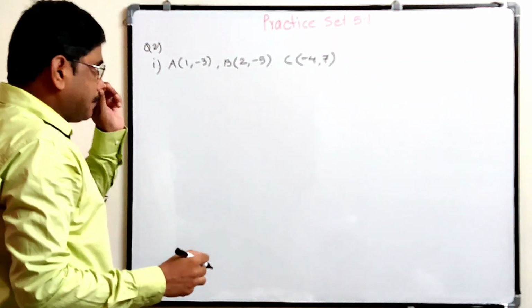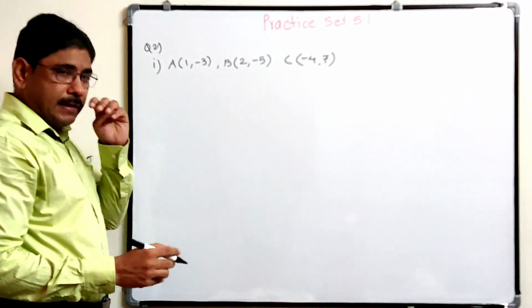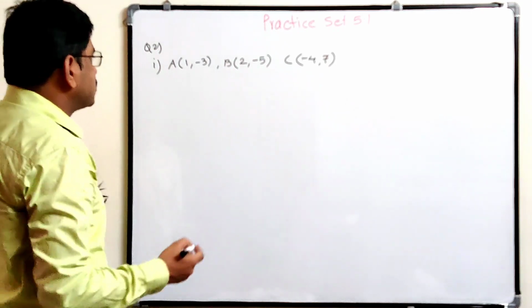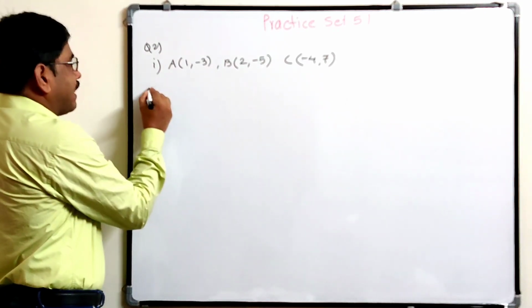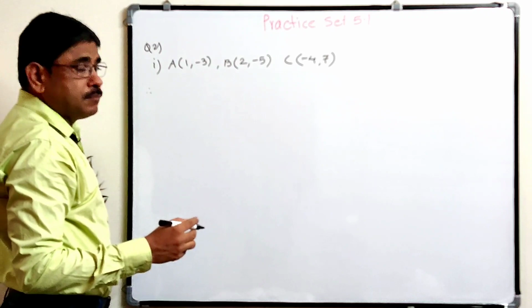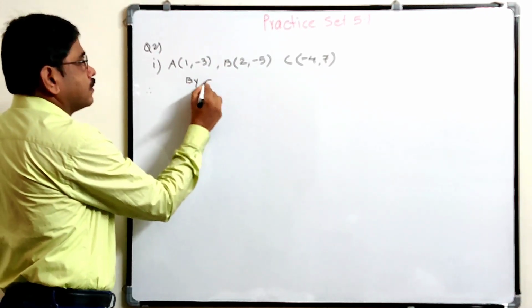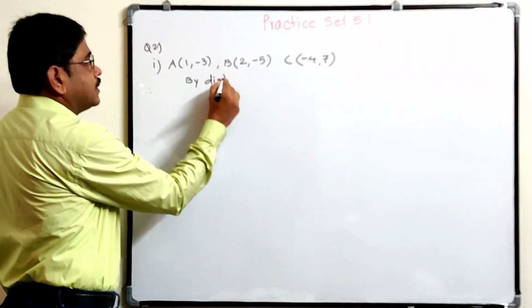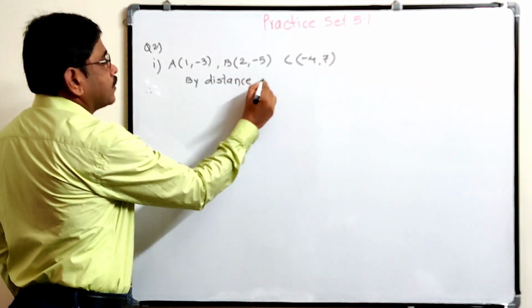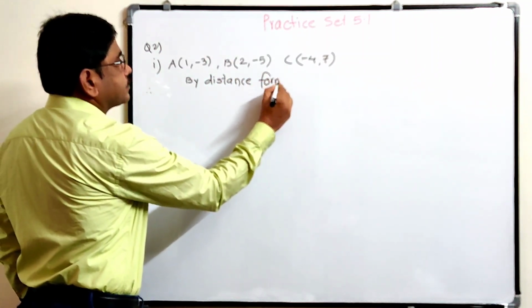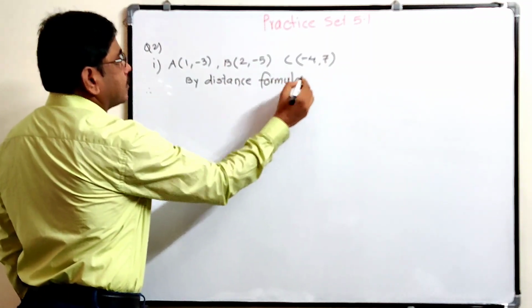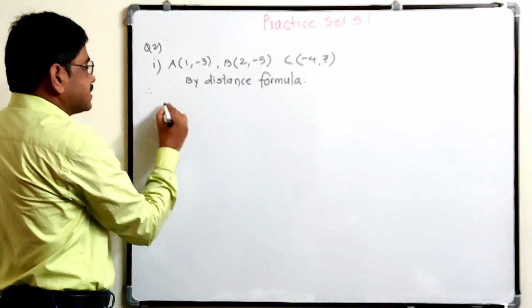So every time no need to write that x1, y1, x2, y2. Directly we can use the formula. Therefore, find the distance by distance formula. So by distance formula, we get, first find distance AB.